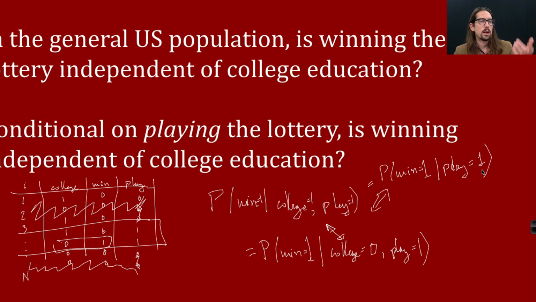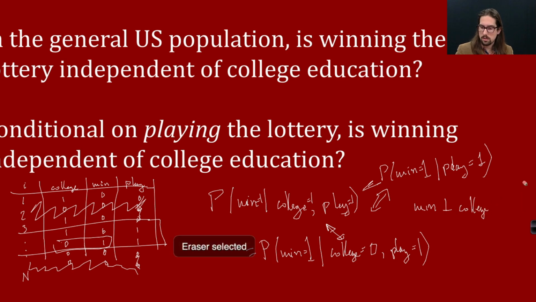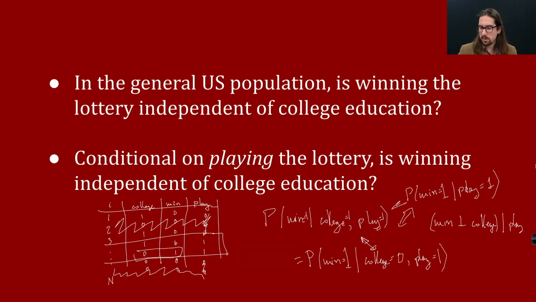Again, intuitively, let's say that 1 in a million people who play win, 1 in a million people who go to college who play win, 1 in a million people who don't go to college and play win. So these probabilities are all equal, and this equality right here again is what defines that win is independent of college given play. And I like to put the parentheses. I think that makes it conceptually clear, but often you'll see it without as well.